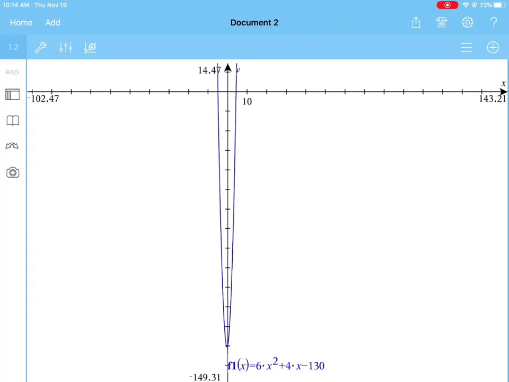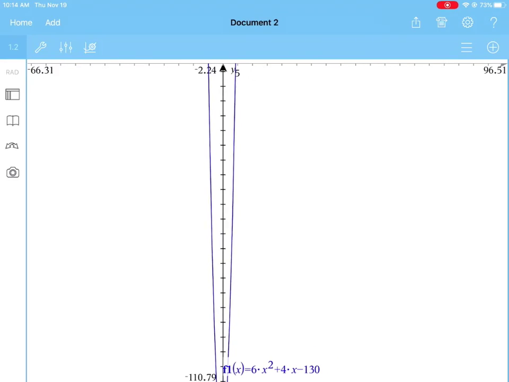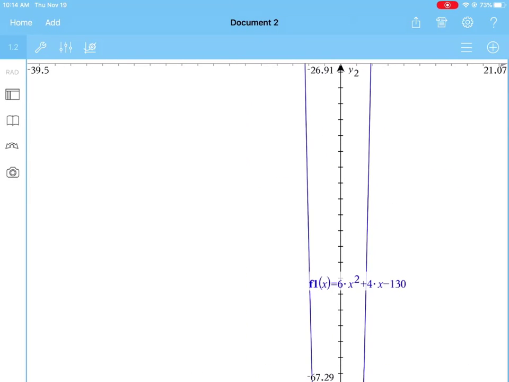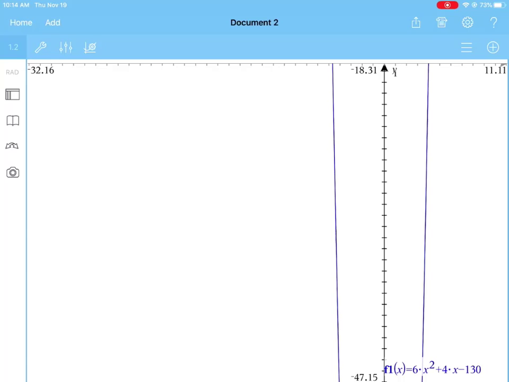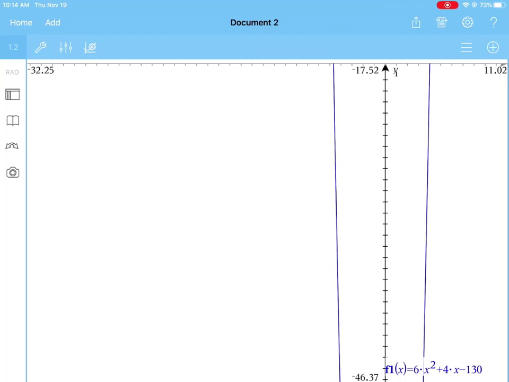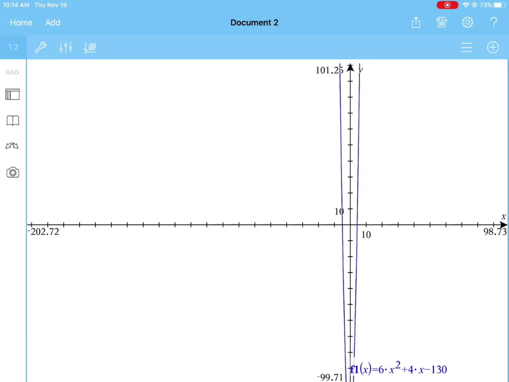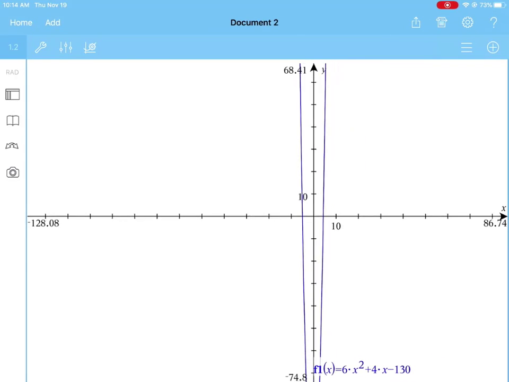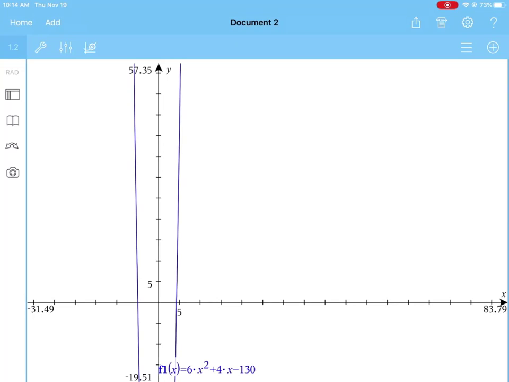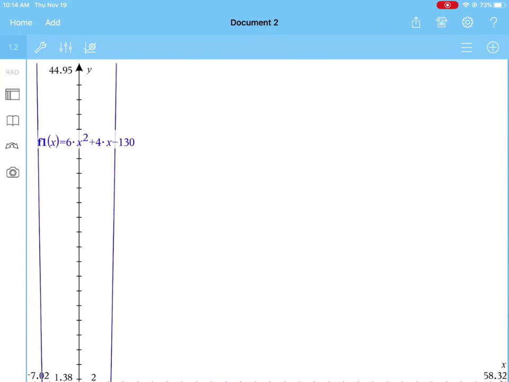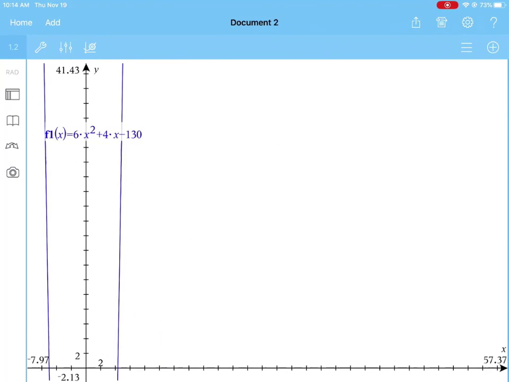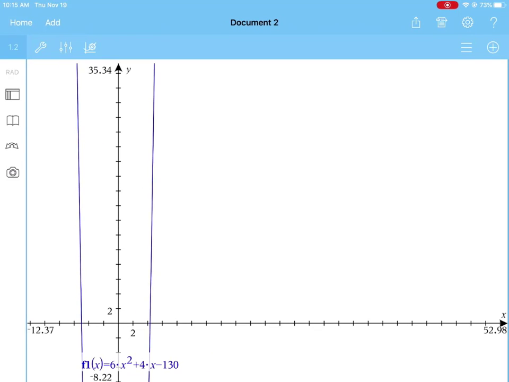Now I'm going to be zooming back in to try to find out what's happening at the zeros, because what we're actually looking for is what's happening when it crosses the x-axis. So I'm going to get back to where I can see better what's happening on the x-axis. And then we're going to use our tools to help us find the zeros.